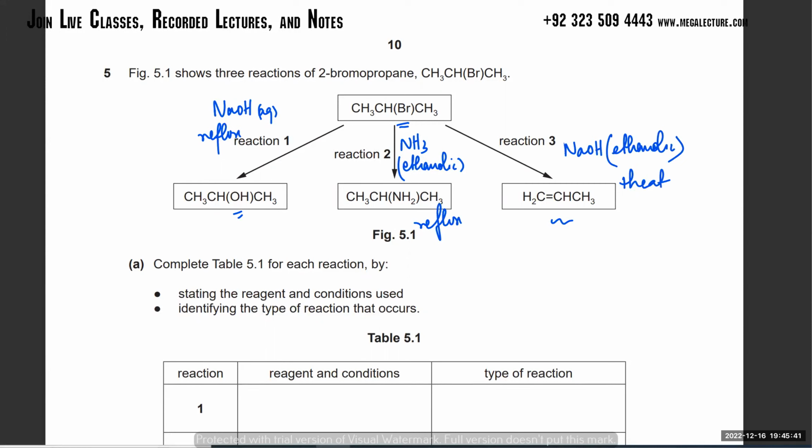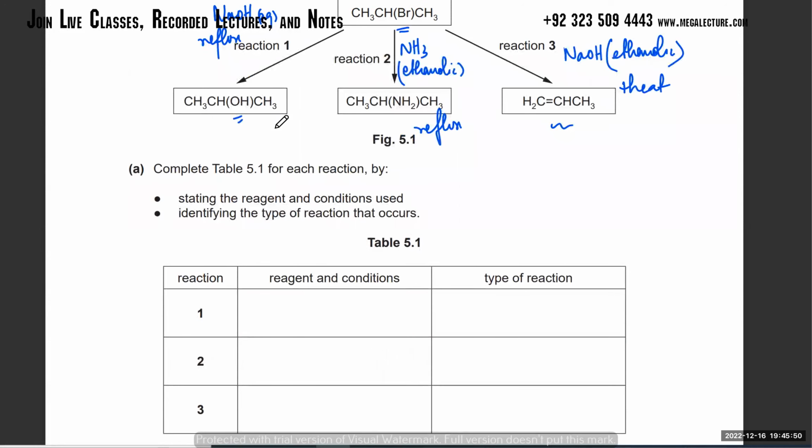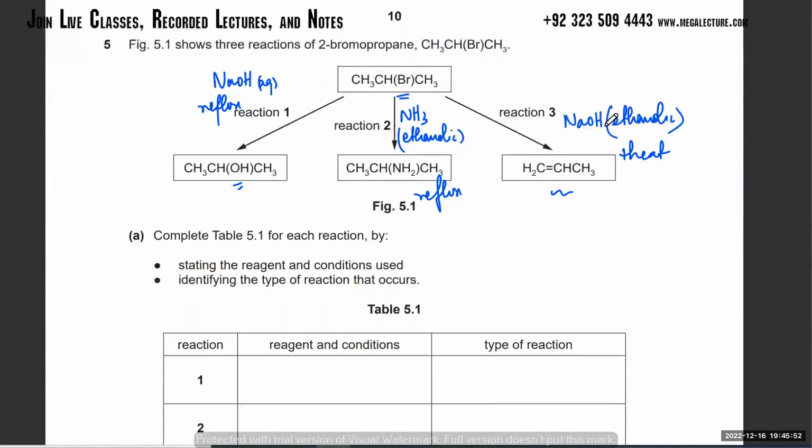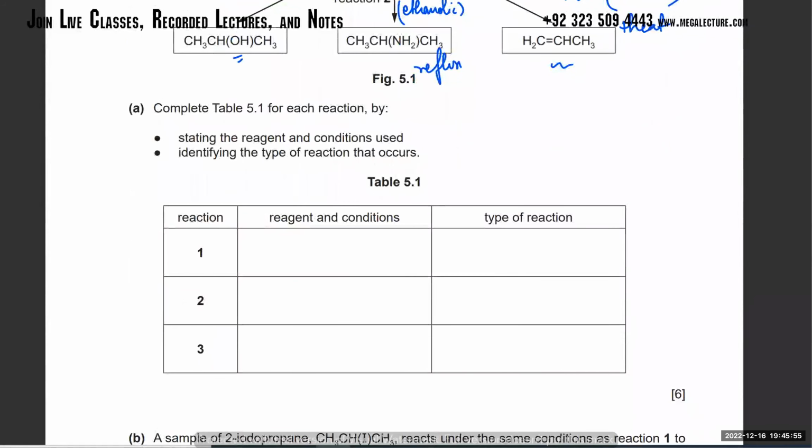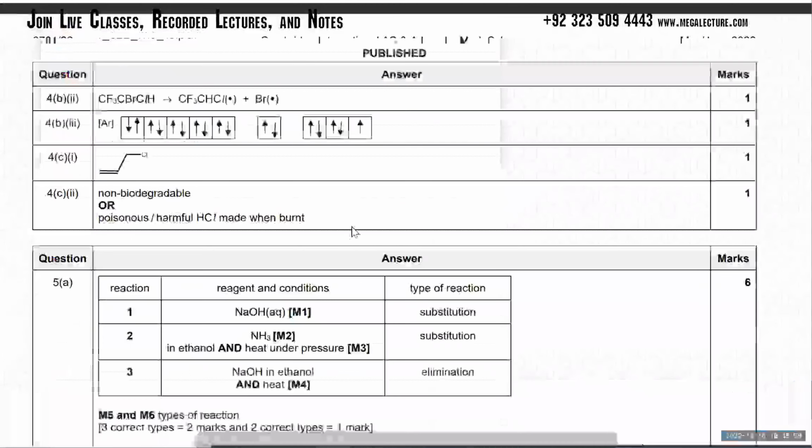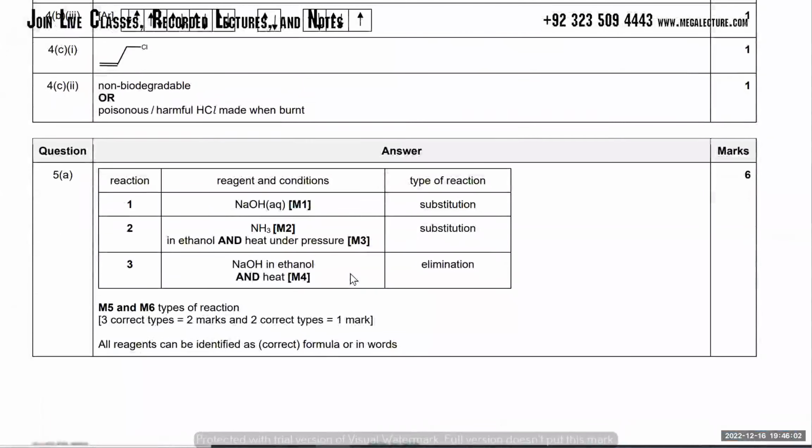Plus heat. And he says state the reagents and conditions and type of reaction. So that's elimination. This is nucleophilic substitution. This is also nucleophilic substitution. वो elimination था, things got eliminated in that. That's it, ठीक है। ये latest paper एक दफा इसकी conditions और अपनी conditions जो है ना, वही NH3 ethanolic and heat, NaOH aqueous और NaOH ethanolic and heat, ठीक है वही है। और substitution, elimination, that's it.